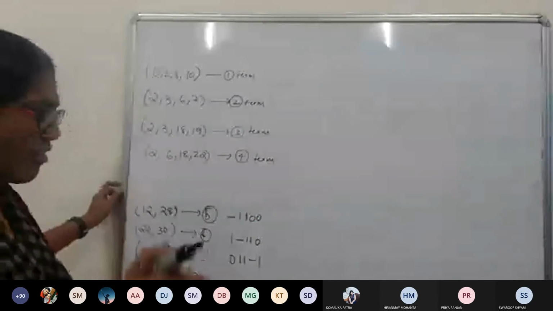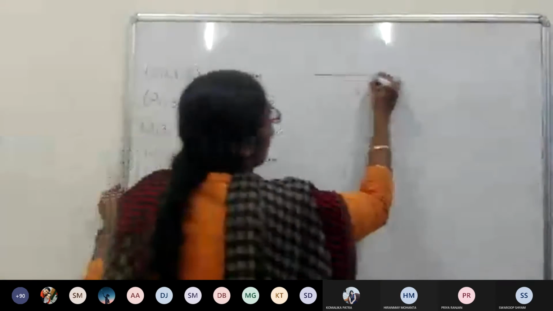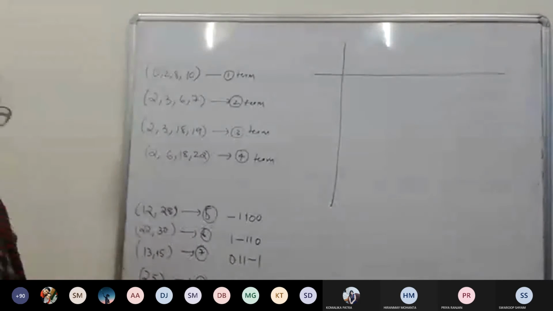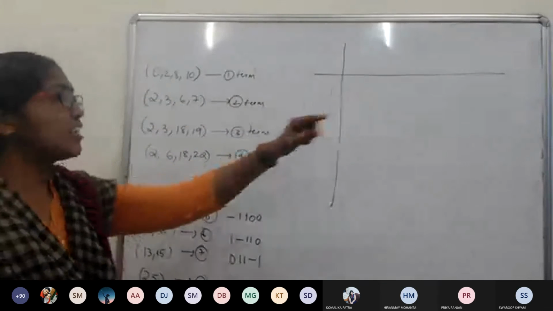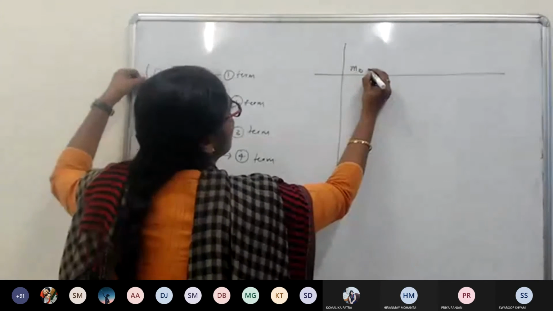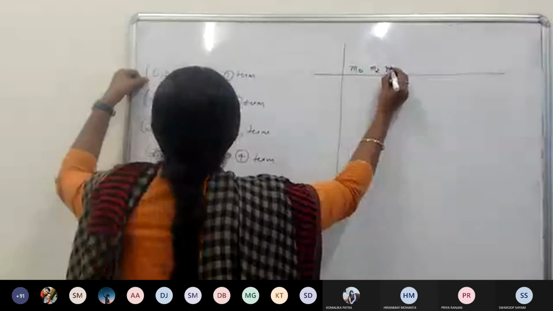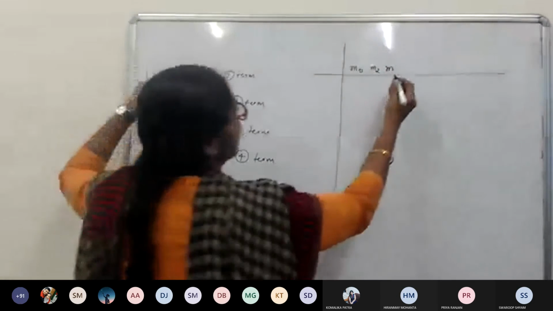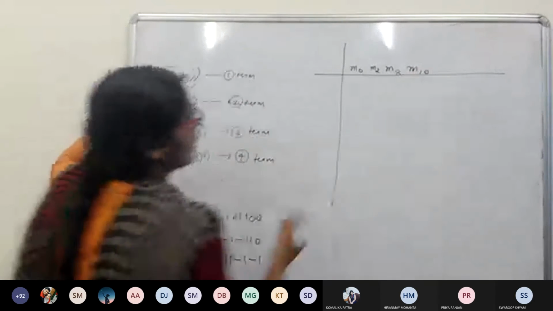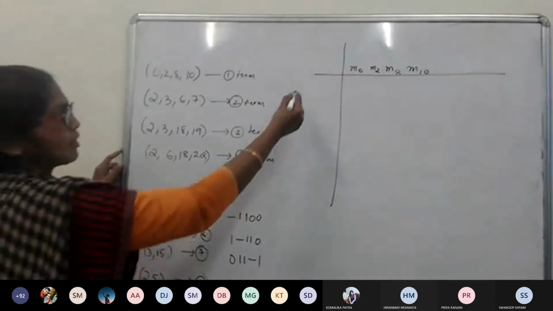Please concentrate. Your first thing is you have to make another separate table, and write down everything which are covering here, like M0, M2, M8, M10, and their particular terms.